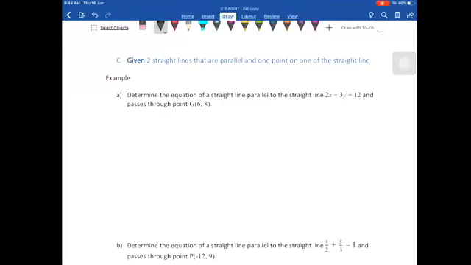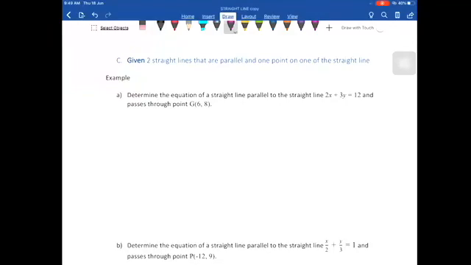Okay, A. Example. Determine the equation of a straight line parallel to the straight line 2x plus 3y equals to 12 and passes through point G 6, 8. Okay, dia kata kalau tengok balik, saya baca balik soalan, tolong fahami.